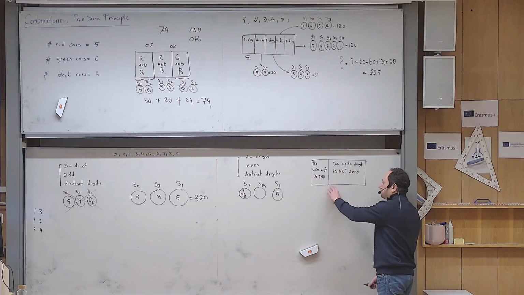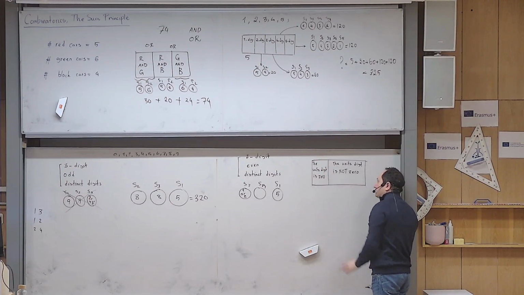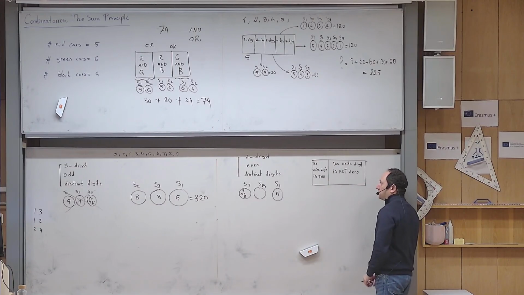I am actually partitioning all the 3-digit even numbers into 2 categories. One category is the number of even 3-digit numbers ending with 0. And then I am counting all 3-digit numbers ending with another even number: 2, 4, 6, 8.